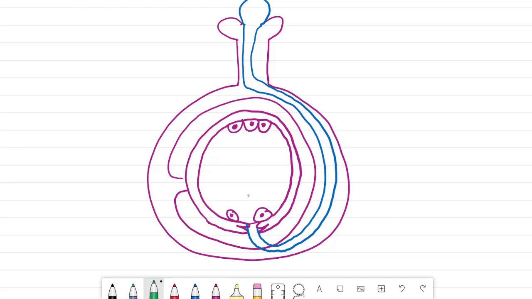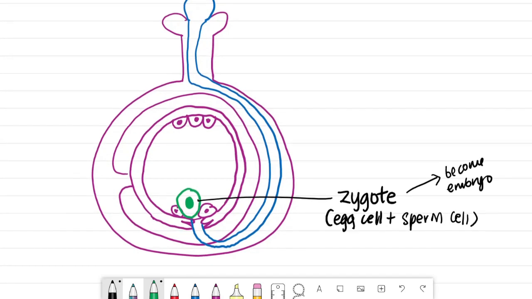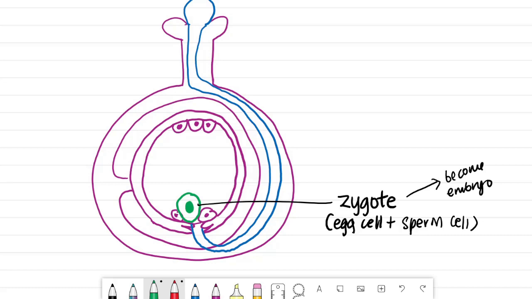Now in the middle here, you will have a zygote. This is a zygote, which is the egg cell plus one sperm cell. And it will later develop to become the embryo. In the middle of this thing, you're going to have what is called an endosperm.